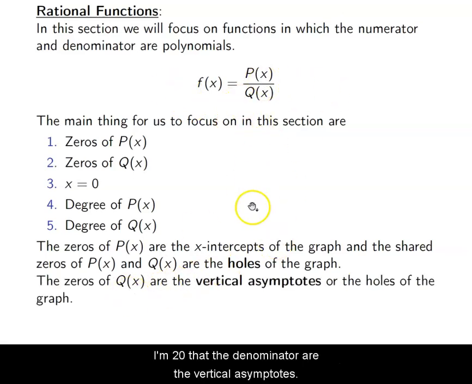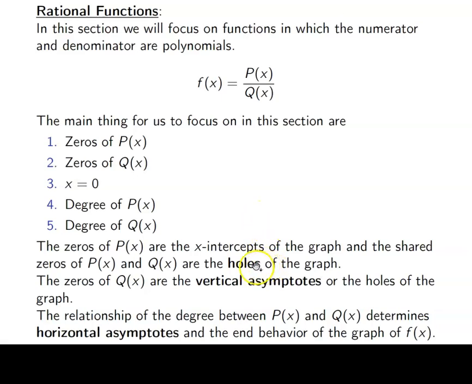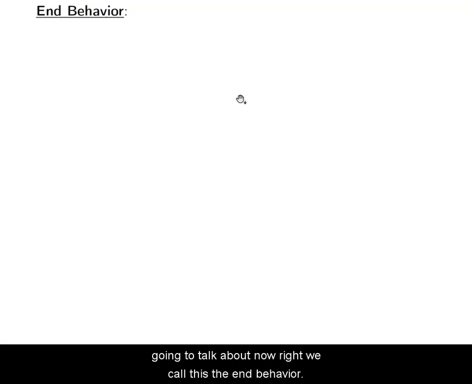The zeros of the denominator are the vertical asymptotes, and the relationship of the degree between P and Q is going to be what determines the horizontal asymptotes, right? So if the numerator has a larger degree, the asymptote kind of takes on one form. If the denominator has a larger degree, the horizontal asymptotes take on a different form. If they're the same degree, then it's a different form, which we're going to actually talk about now, right?